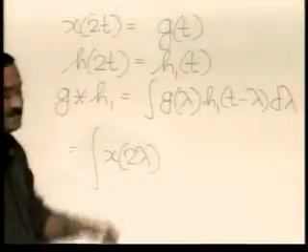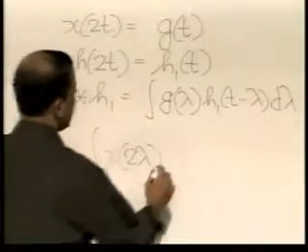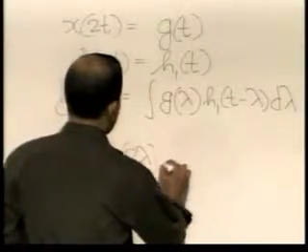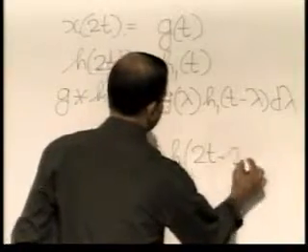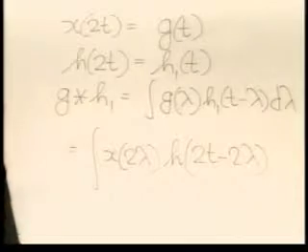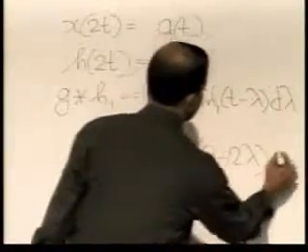And h1(t minus lambda) is h(2t minus 2 lambda). And of course, d lambda is as it is.